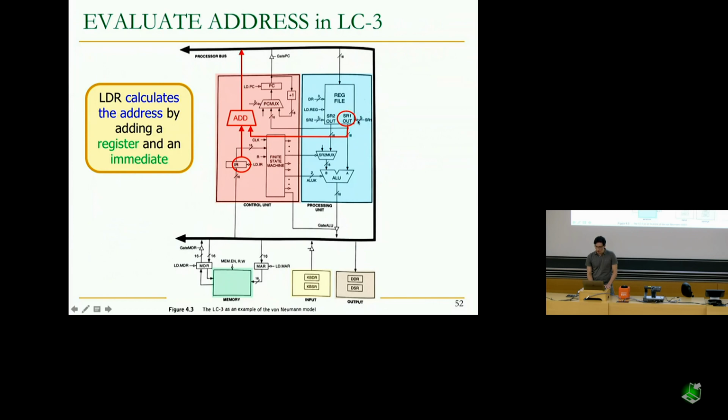We have one register in the register file that is used as a base, and we are going to add them both, and we will later put the result on the processor bus because we will need to bring this address to the MAR. Observe that we have drawn an additional adder here. We could potentially use the ALU, but in LC3, there is a specific adder to calculate this addition between the base register and the offset in the instruction.